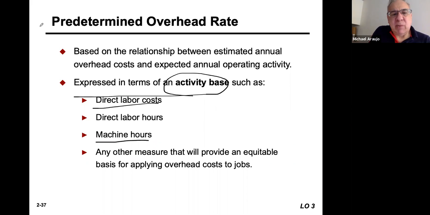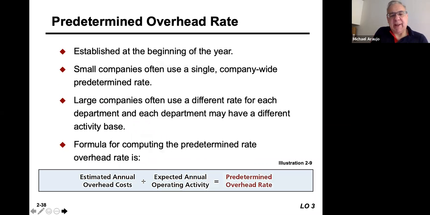This is basically how they allocate overhead. They base the predetermined overhead rate usually as a percentage of some activity that they are doing in the process of creating their products. And that's basically what we're going to be looking at today.